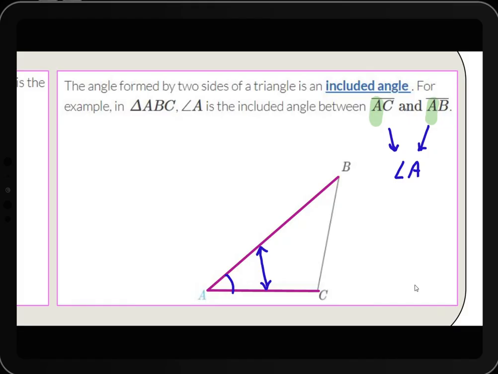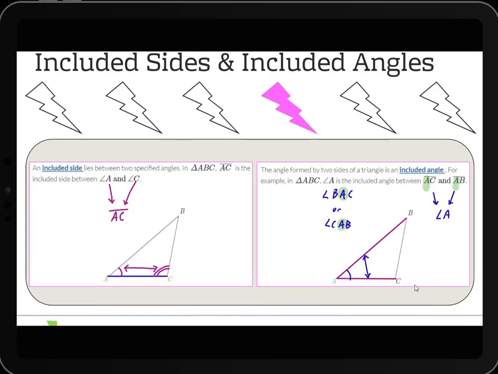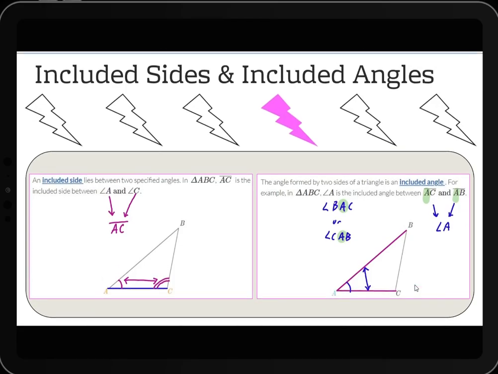Now that angle could also have been named angle BAC, or angle CAB, but pay attention to the fact that the middle letter is still A, because that's where the vertex of the angle is located. That's what it means to be included for sides and for angles. So we need to be aware of this to properly identify the postulates or theorems of congruence for triangles.